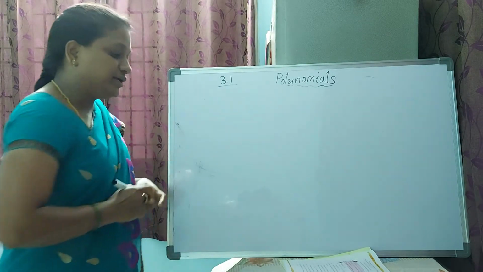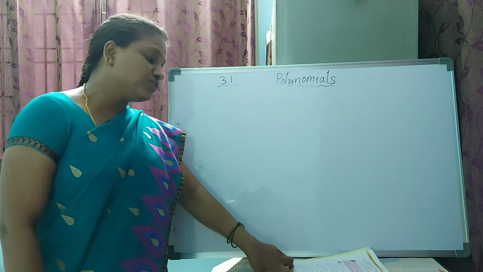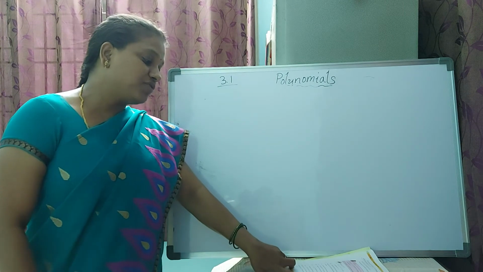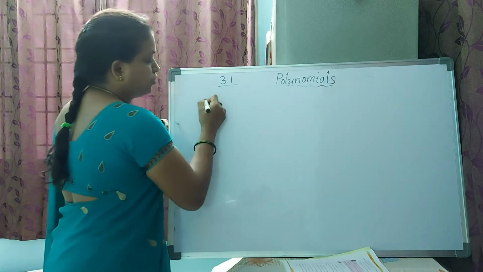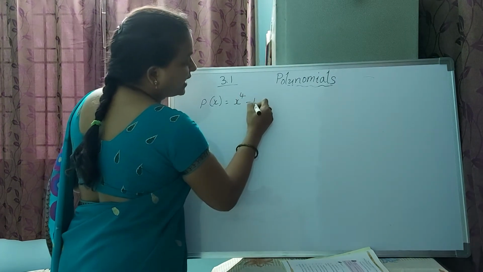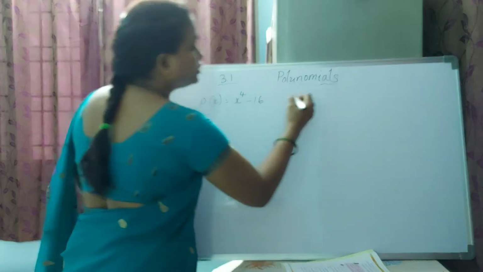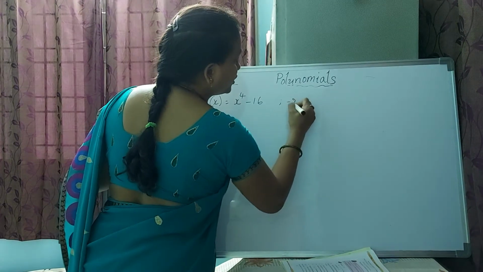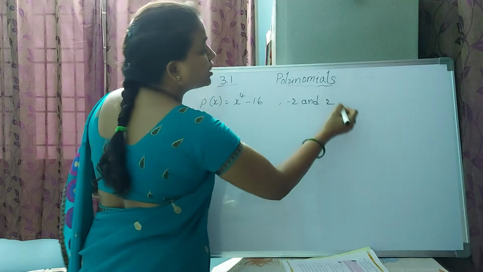See what he told you: check whether minus 2 and 2 are the zeros of the polynomial x power 4 minus 16. P of x is equal to x power 4 minus 16. Then what he told you? Minus 2 and 2 are the zeros of the polynomial.